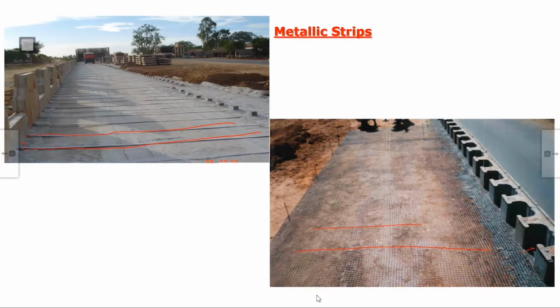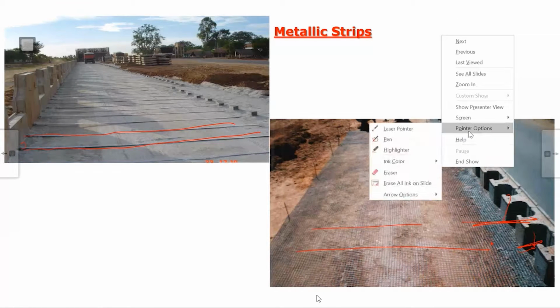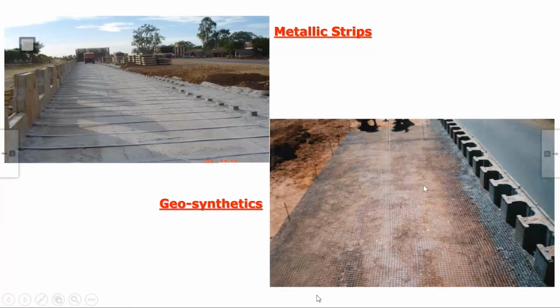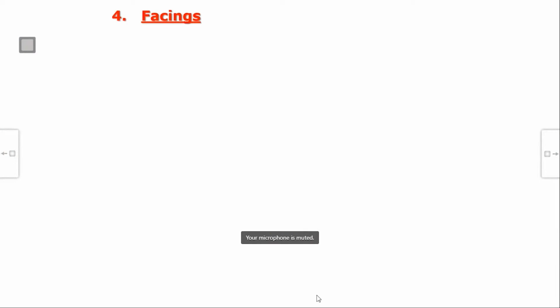It is going into this fascia right up to the end. Then I will show a video also later on. There is a key below this fascia which goes into this reinforcement, physically interlocks, and then there is a friction also between this block and the next layer that will come on this block. So this is geosynthetic, mainly geogrid. Geogrid has been used here.